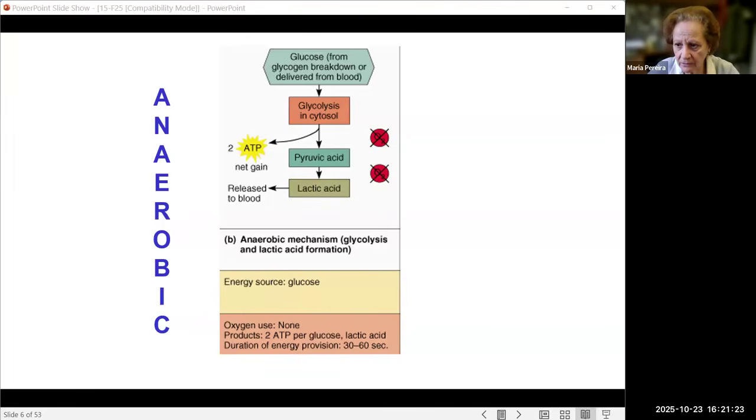So you have here continuously glucose being replenished. But if there's no oxygen, then the lactic acid can accumulate in the muscle fiber and decrease the pH. So it becomes more acidic, and that can lead to soreness.